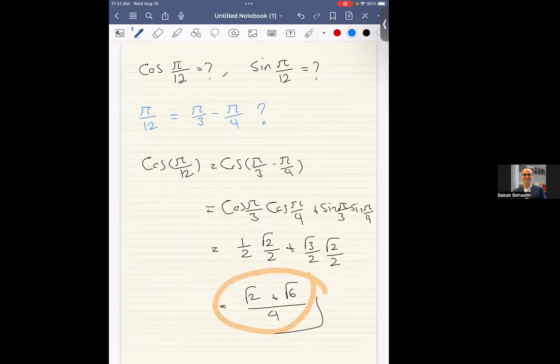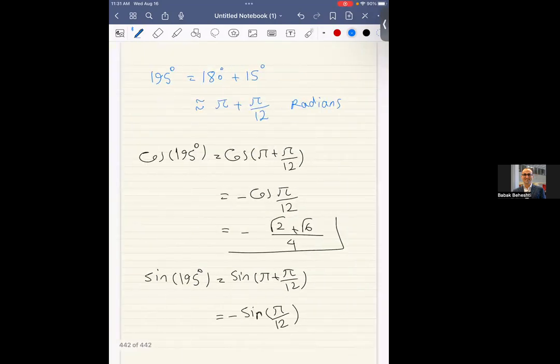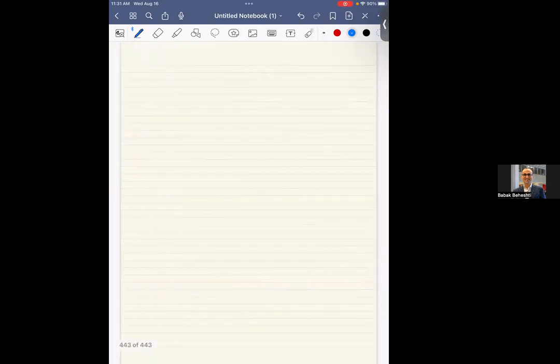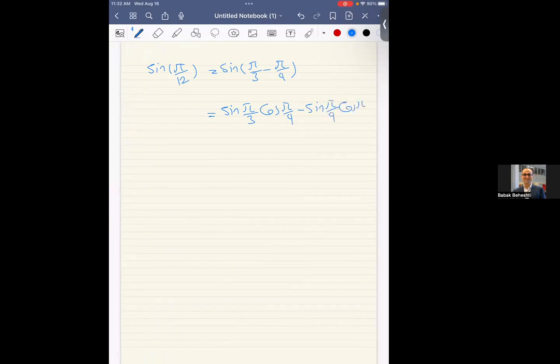Pi over 12 is pi over 3 minus pi over 4, right? So sine of pi over 12 is sine of pi over 3 minus pi over 4. So this is equal to sine of pi over 3 cosine of pi over 4 minus sine of pi over 4 cosine of pi over 3.